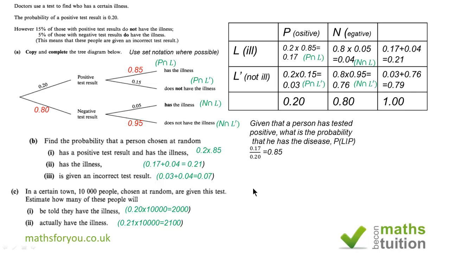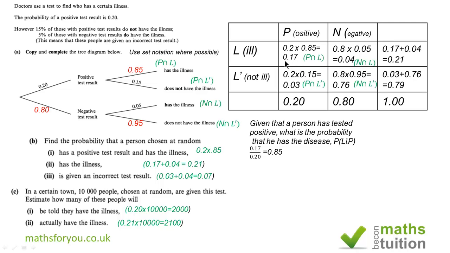Now, I've made up some questions myself to do with conditional probability. If we're looking at the positive sample space, if somebody tests positive, we want to find the probability that this person will be ill. So we ignore everything else. We're looking at the positive sample space.